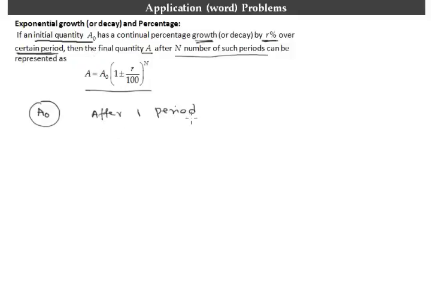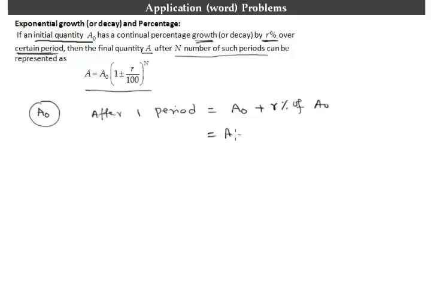So after one period, the growth will be R%. The quantity will be the initial quantity A0 plus the growth, that is R% of A0.